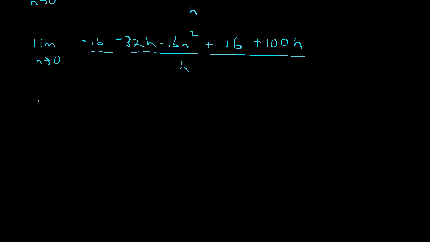Now some of these steps, I know some of you are probably skipping some of these steps and you're getting to the end before I am, but I just want to make sure you see every little step. Well, look at this. I have a negative 16 here. I have a positive 16 here, and those go away. That's just 0. So up top, also notice I have a negative 32h and a positive 100h.